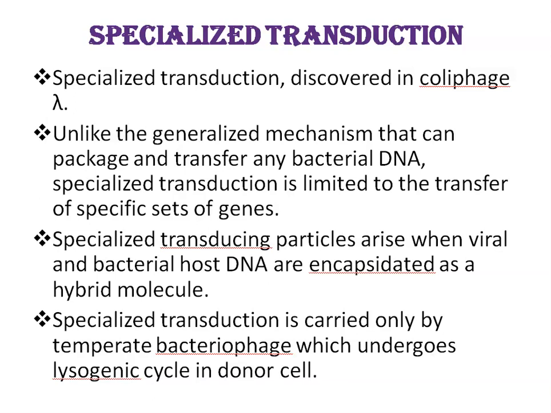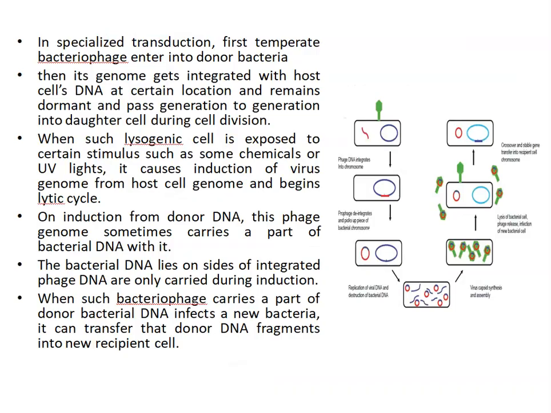Specialized transducing particles arise when viral and bacterial host DNA are encapsulated as a hybrid molecule. Specialized transduction is carried only by temperate bacteriophages, which undergo only the lysogenic cycle in the donor cell, not the lytic cycle, right? So here, first the temperate bacteriophage enters the donor bacteria.